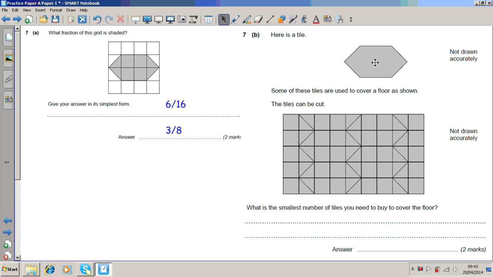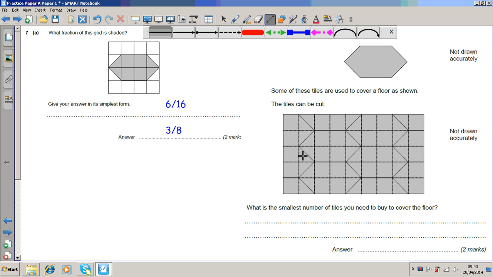Here is a tile. Some of these tiles are used to cover the floor as shown. What is the smallest number of tiles you can need? Okay, it's quite a visual one. I would say that to do this, first of all we can count up these.